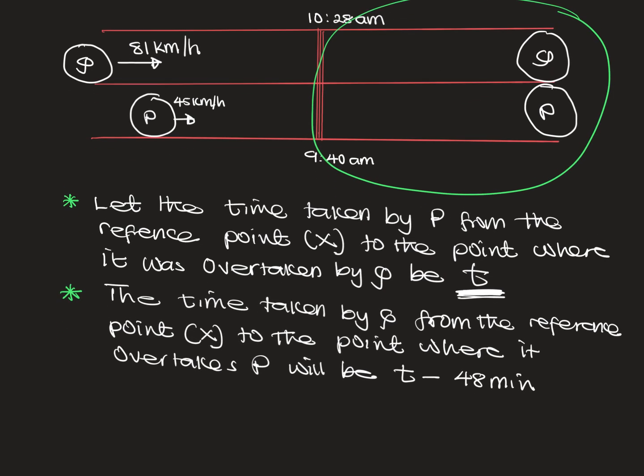Why? Because it is 48 minutes behind P. The reason is that Q passes through this point 48 minutes later. I hope that point is clear. So P was 48 minutes ahead of Q all the time, as long as they were moving at constant speeds. So Q is 48 minutes behind P, as it is stated in the question.